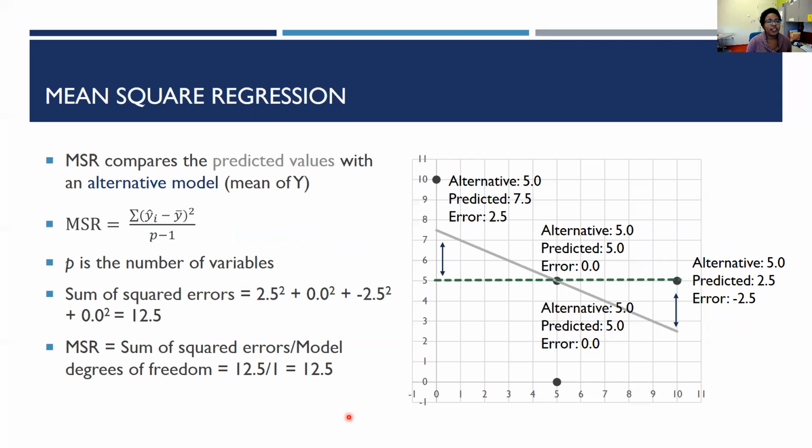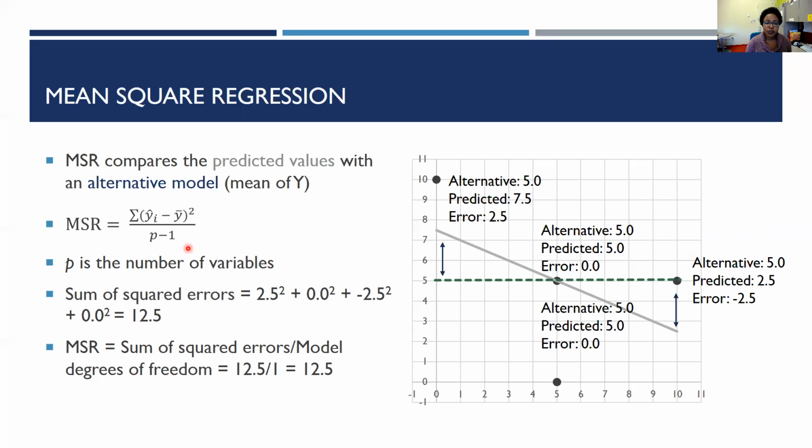So when we calculate a mean square regression, that is telling us how well this flat line fits compared to our predicted values. So for our mean square regression, here's our equation, and it looks a little scary, but hopefully not quite as scary as our other equations did before.